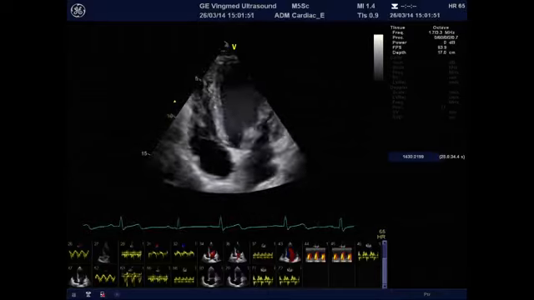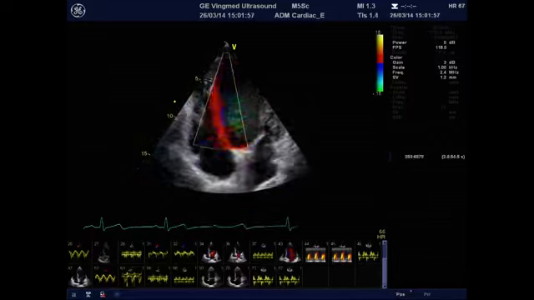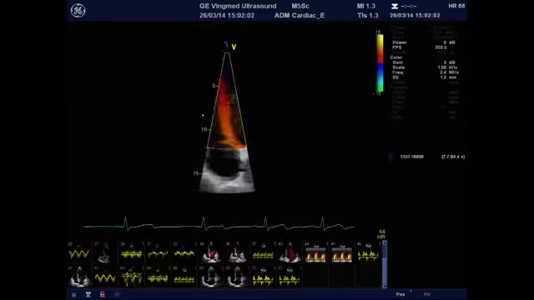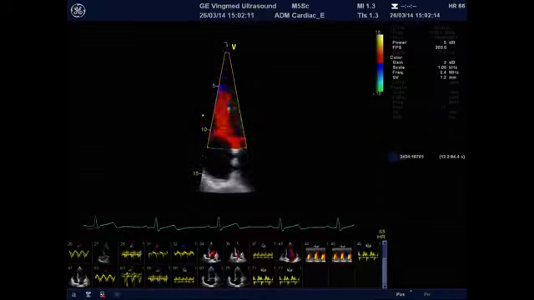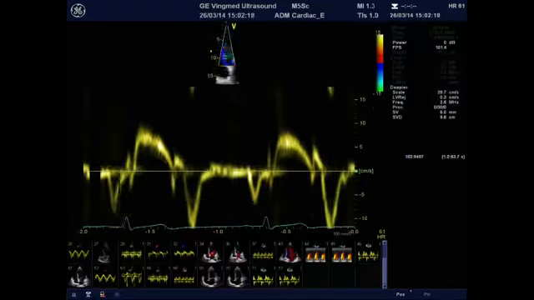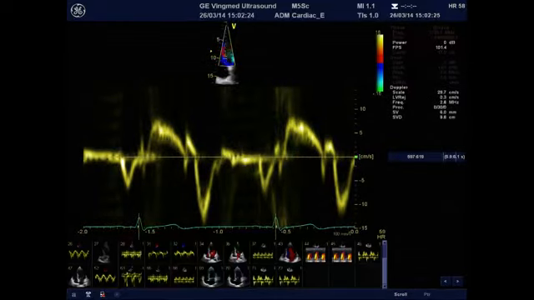We can start by looking at the interventricular septum, and we place the tissue Doppler color first, reducing the width of the screen to get a good resolution, and then we place a sample volume of pulsed wave Doppler within the basal segment of the septum so that it stays within the myocardium throughout the cardiac cycle, and we record the movement of the interventricular septum throughout the cardiac cycle.